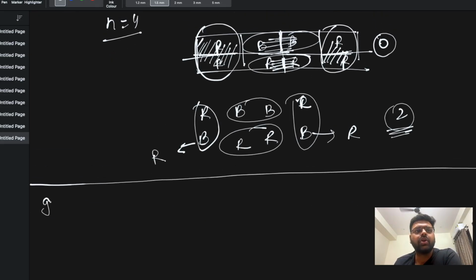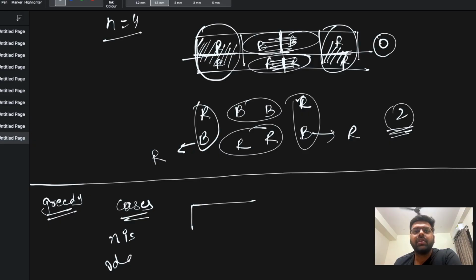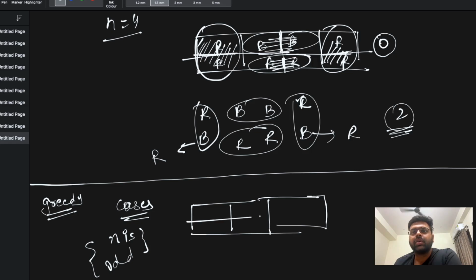Many of you have thought of going with a greedy logic, just considering the cases. Let's suppose when n is odd, the possibility would only be either to take this vertical, or take one vertical and the rest as horizontal.